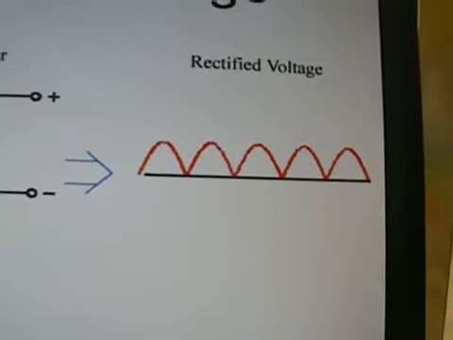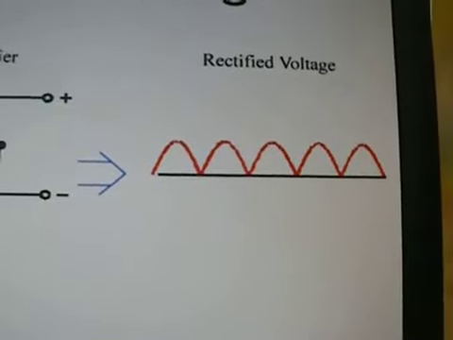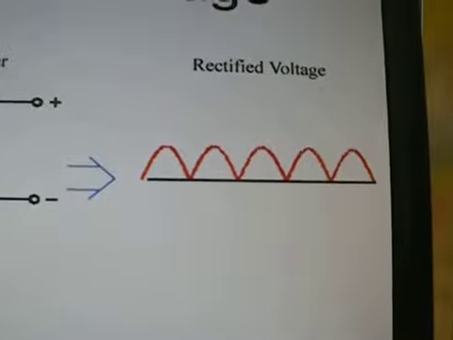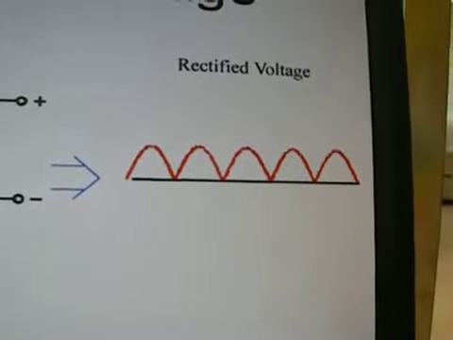On the output, it's just pulsing on the positive. It does not have a negative voltage output. So at that point, it is no longer AC voltage because it doesn't go negative. It's a pulsating DC voltage. In the capacitor lab, the next one, I'll show you how to take it from pulsating DC to pure DC.